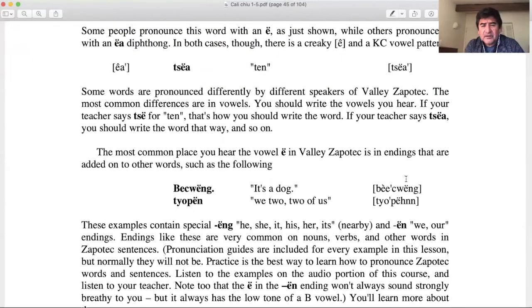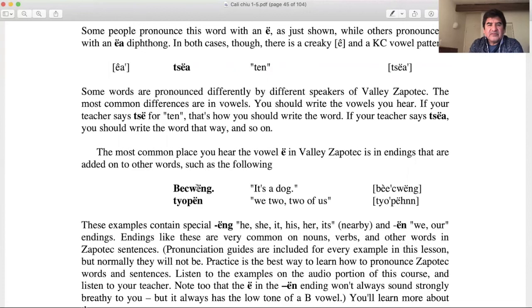Okay, so the last example, I think, let's see, a couple more. The most common place that you are going to see the E with two dots is at the end of the word. It's the ending part of a word that is added to another word. For example, bakwang. It is a dog. Bakwang. We'll get into explaining this complex word later. But for now, if you remember that bak is just dog, right?